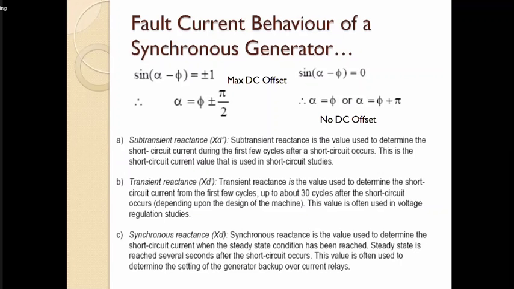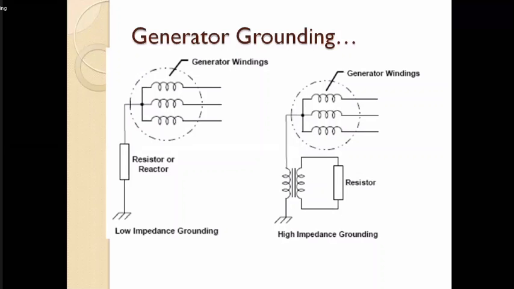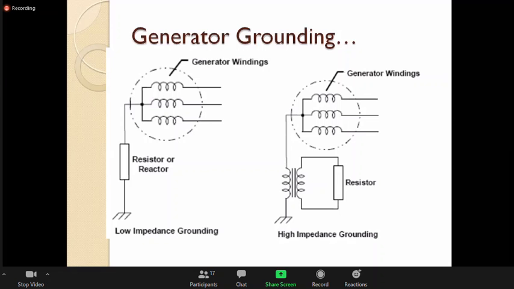If I don't bring it, guys, I cannot give you this in the generator. We have a low impedance grounding and a high impedance grounding. Although it is more of the low impedance grounding that always appears in the factory or in the power network, the high impedance grounding also appears, but it's expensive.